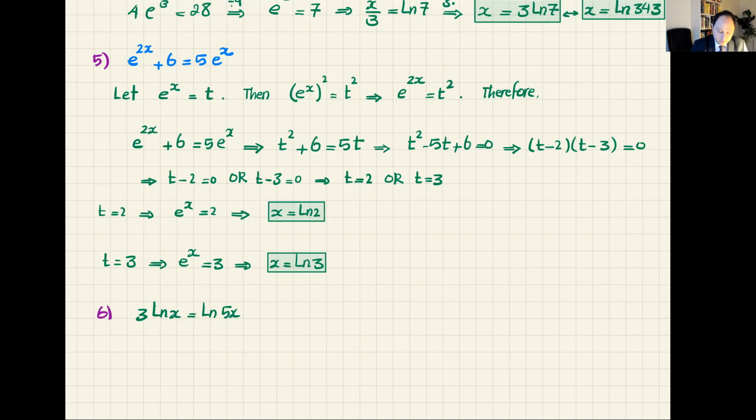There is no confusion here, but if you want, you can put a pair of brackets around it. This is the way you see it in literature. Oops, I need to change this color to be consistent. So 3 ln of x. Do you have any idea how to solve this problem?